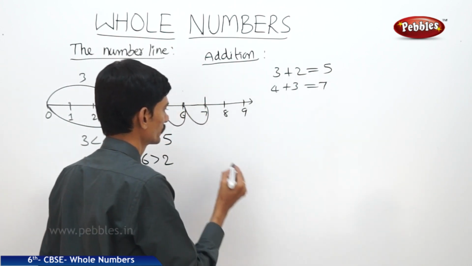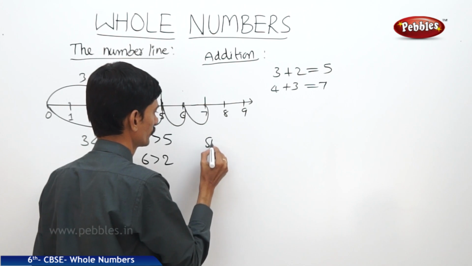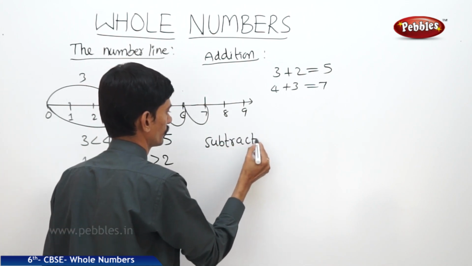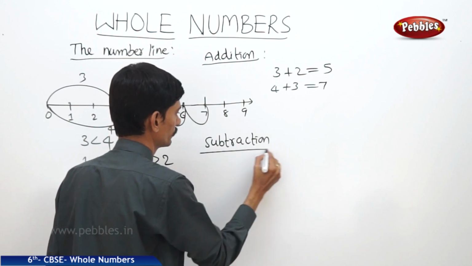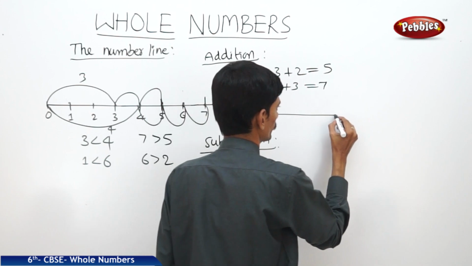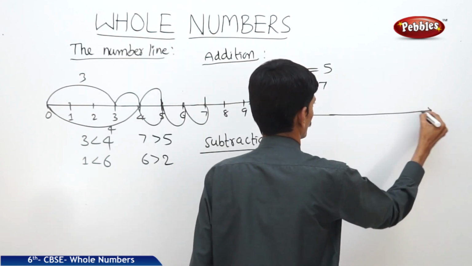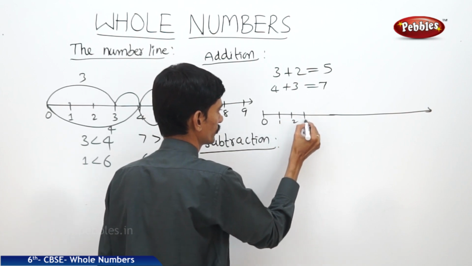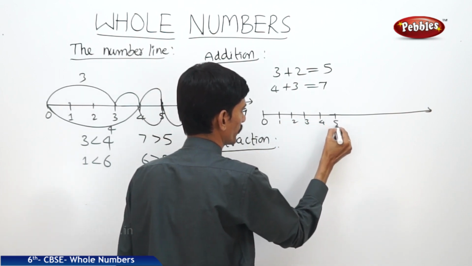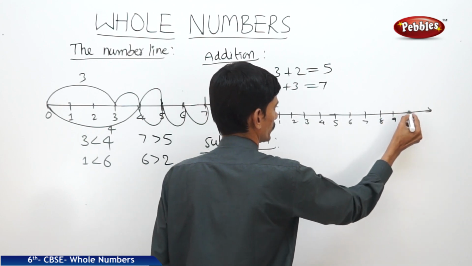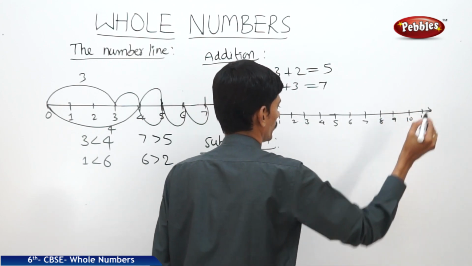Then subtraction. 0, 1, 2, 3, 4, 5, 6, 7, 8, 9, 10, 11.